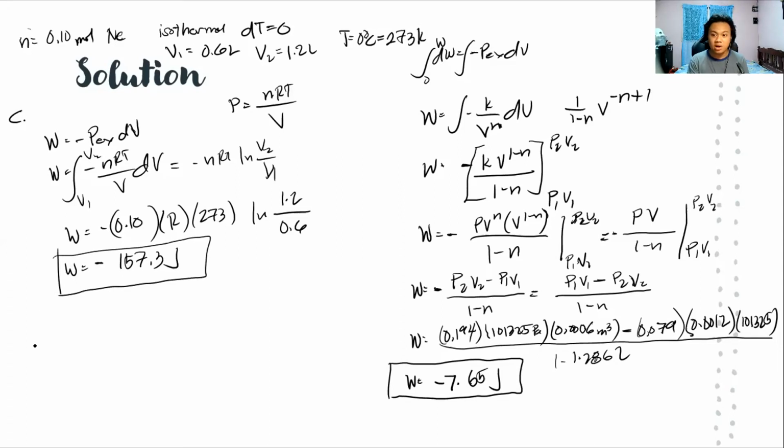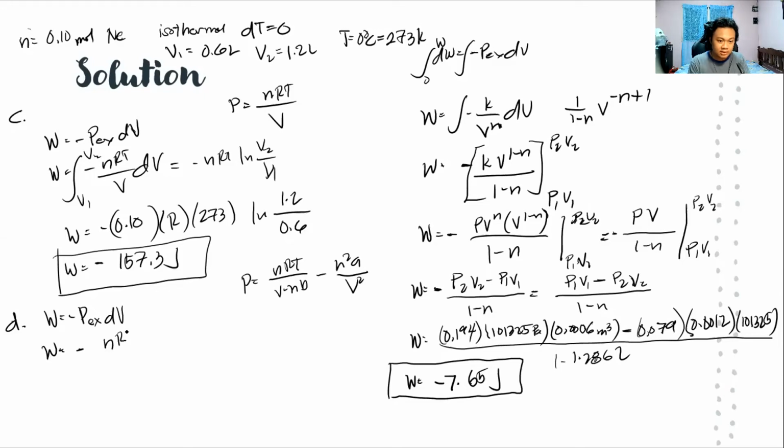And then lastly, for our van der Waals, we have W is equal to negative PX dV, diba? But P is equal to nRT over V minus nb, minus n squared a over V squared. Okay, so let's substitute that here in the negative.